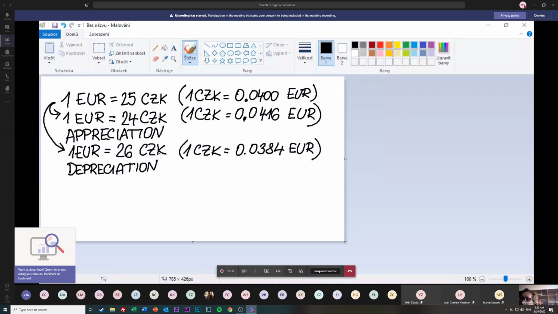The usual form is to say €1 is for 25 and that appreciation is €1 for 24. But you can imagine these brackets and you really see that the domestic currency, in my case the Czech crown, appreciated.